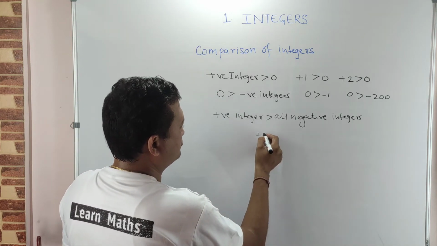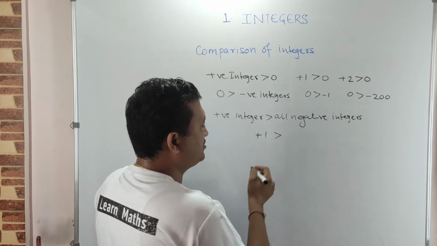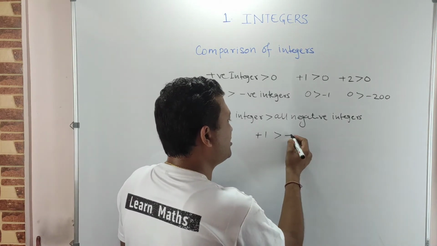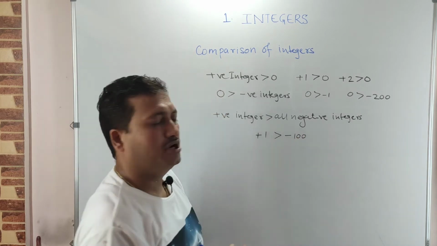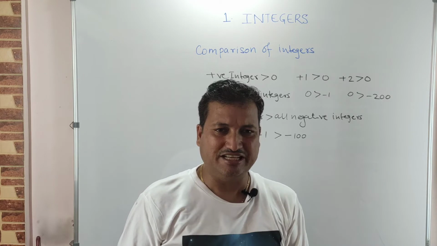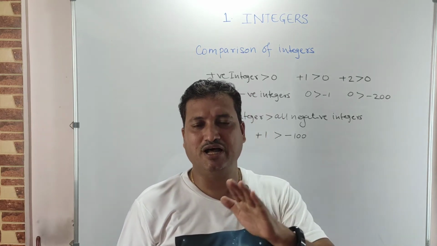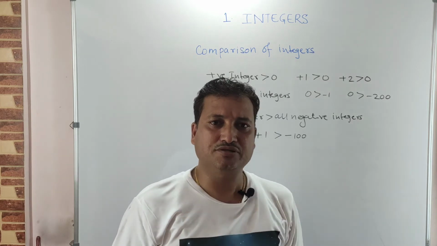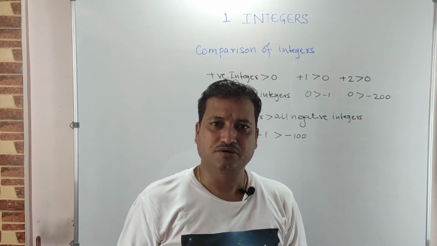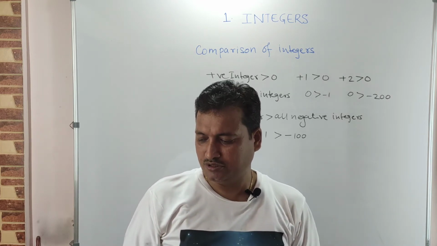Like +1 is a positive integer, it will be greater than every negative integer, it will be greater than -100 also. So make a note: a positive integer is greater than 0, a positive integer is also greater than negative integers, and 0 is greater than negative integers. So you have to keep these relations in mind.